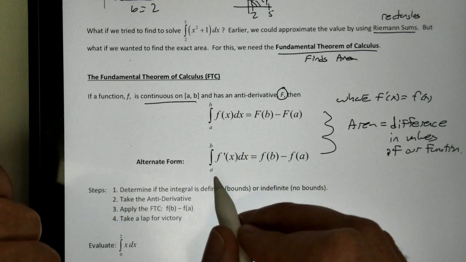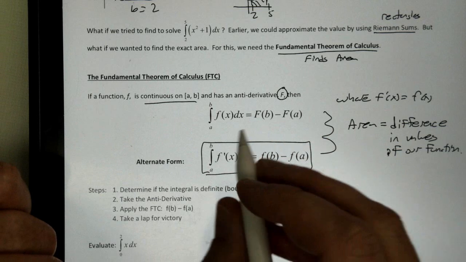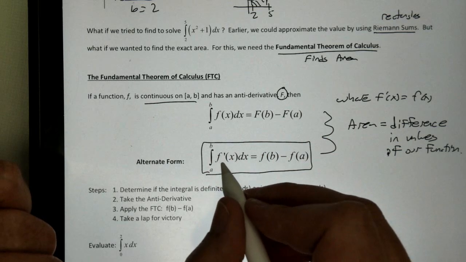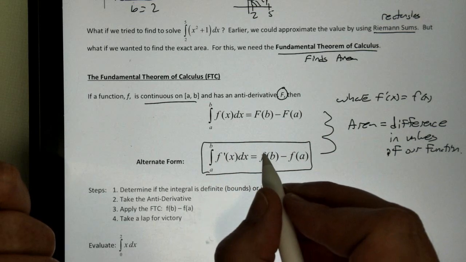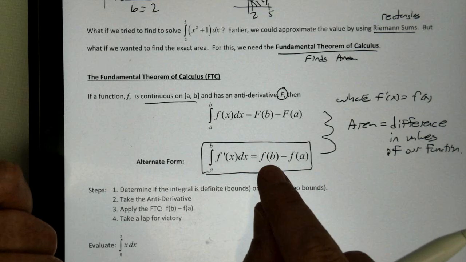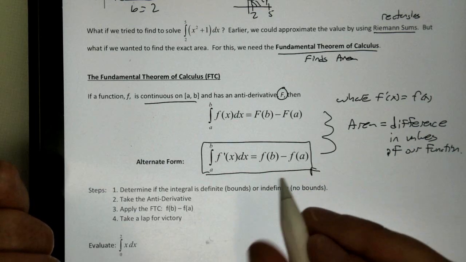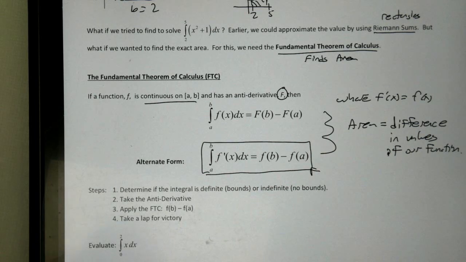This is the format we tend to use the most for the FTC. If we take the antiderivative of f prime, we're going to get the function itself, f of b minus f of a. Hopefully this looks a little familiar. It almost looks like the top of the average rate of change. That's going to be a lesson we're going to talk about in a couple of days.